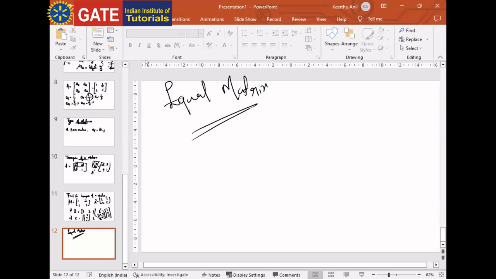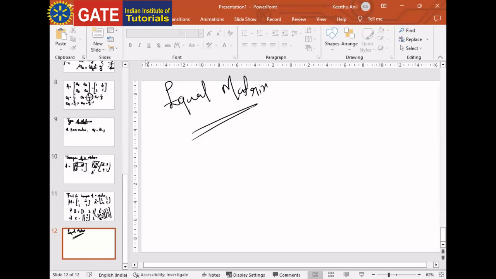After that, you can write a question. Find the values of x, y, and z from the following equations.